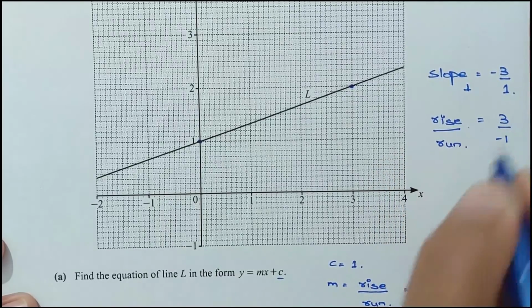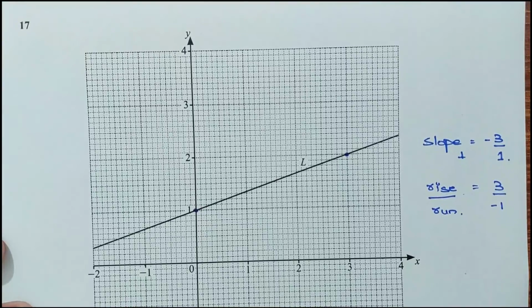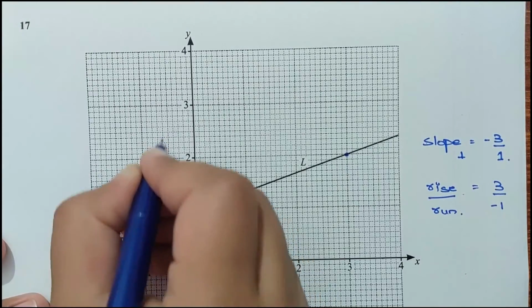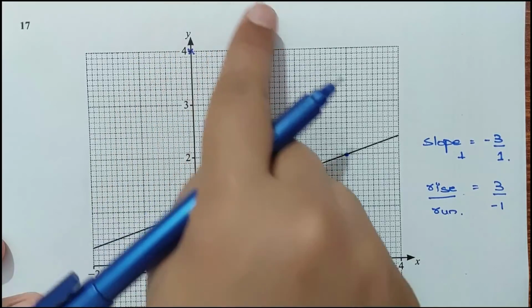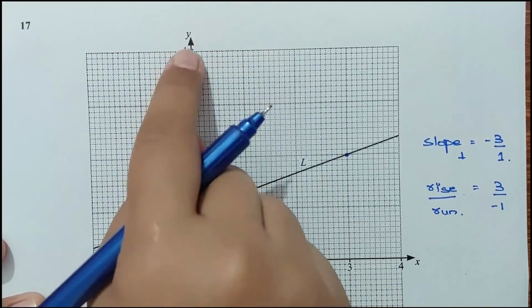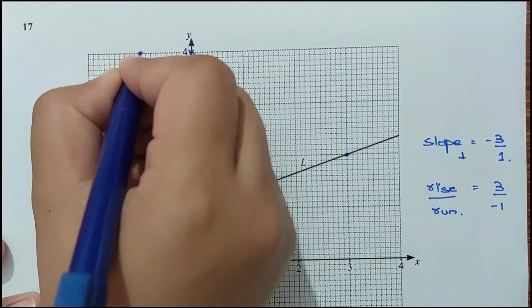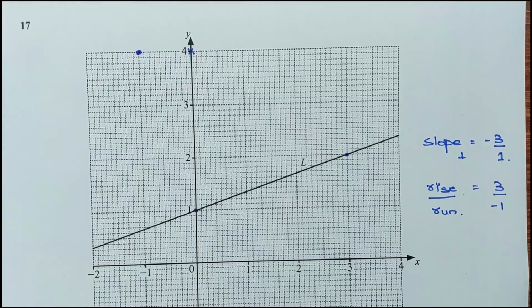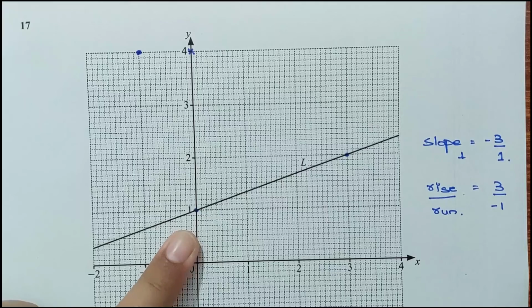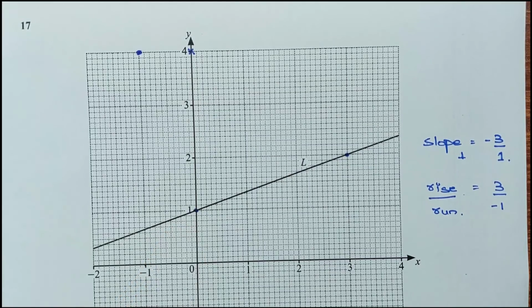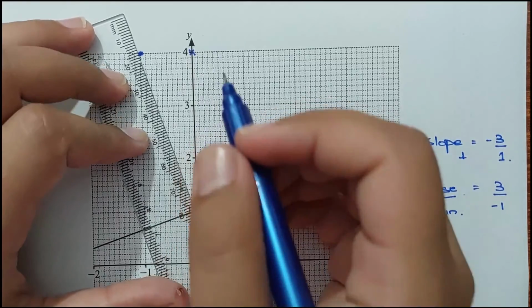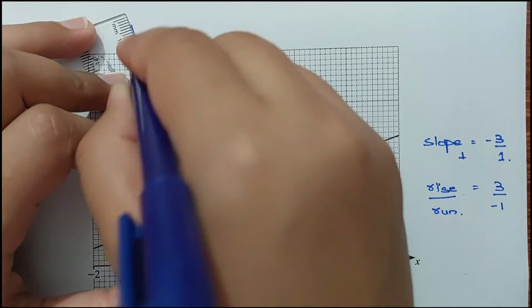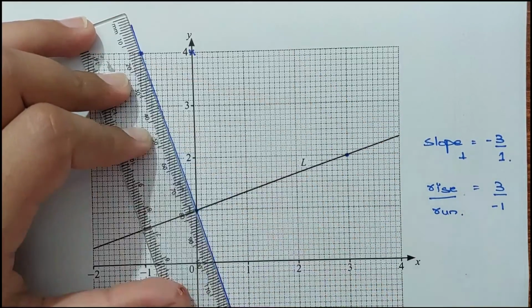So from the y-intercept, we rise 3 units, 1 unit, 2 unit, and 3 unit, right? And the run is not positive 1, not to the right side, it is to the left side, this point. Okay. Connect this point with the y-intercept. So the perpendicular line is going to be this, right?